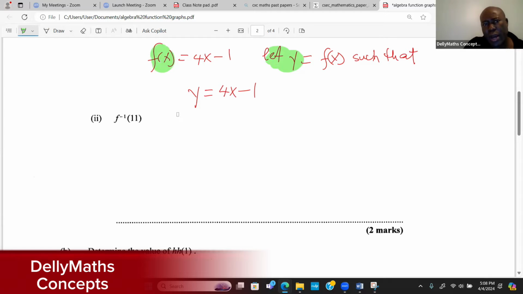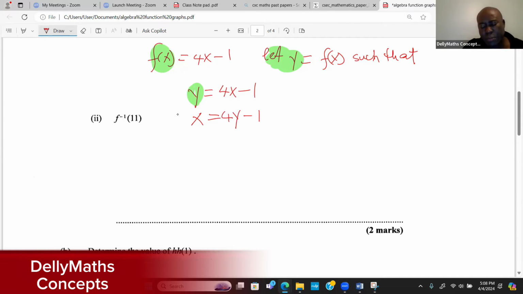I'm putting y for f of x here. Remember that whenever we are finding the inverse of a function, we switch x and y. So the y becomes the x, and where the x is, it becomes y. You could see we just interchange those two variables.